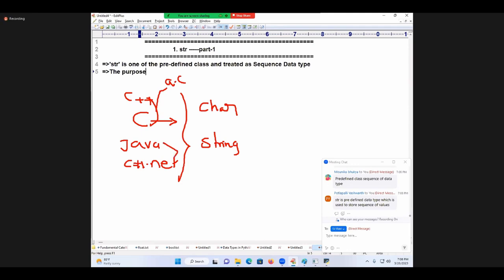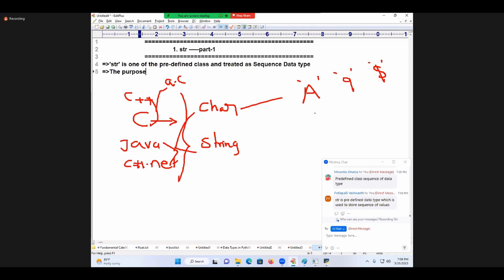In C# and Java, both char as well as string are there. What is a char? Any single value enclosed within single quotes is called a char. Even a digit enclosed within single quotes is called a char. Any special symbol enclosed within single quotes is called a char.